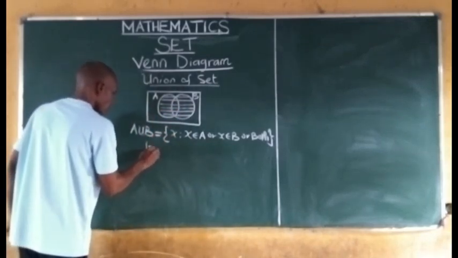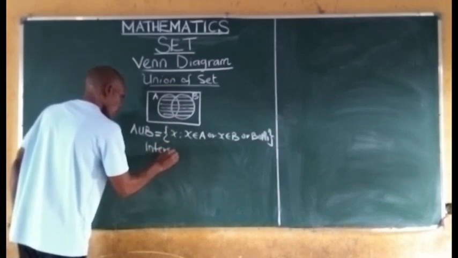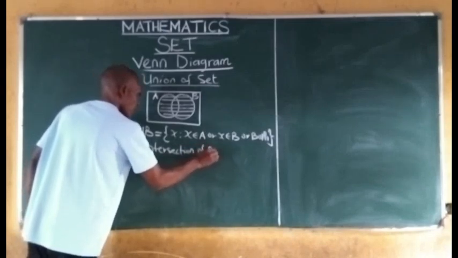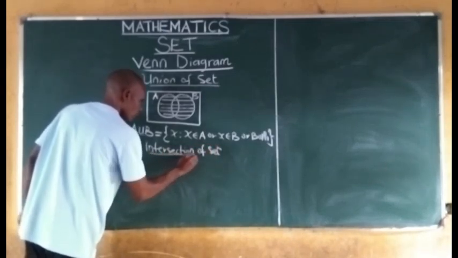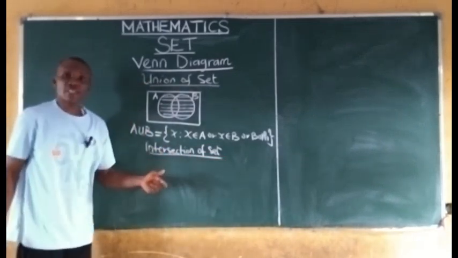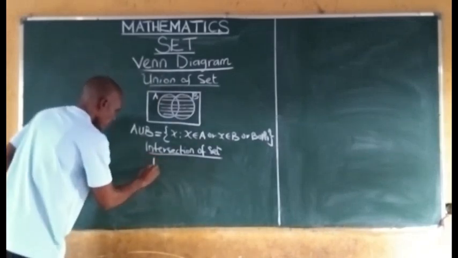The intersection of sets can be represented in the Venn diagram in this way.